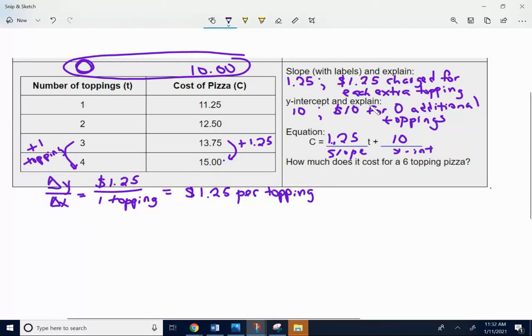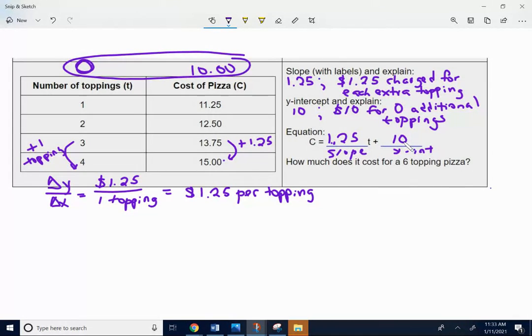Think about what this means. C is cost. T is toppings. So what this is telling us is that the cost of this pizza is equal to $1.25 per additional topping plus the $10 for no additional toppings. Is that starting to make sense? This equation is telling us the relationship in this situation.